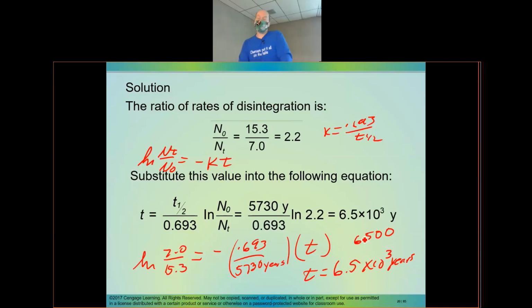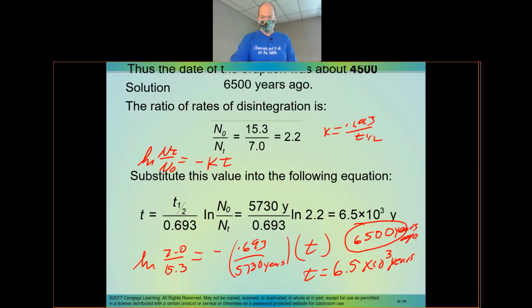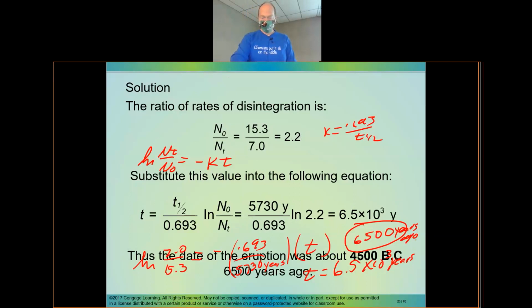So the volcanic eruption occurred 6,500 years ago. And if you subtract from approximately 2,000, or 2021, the year it is now, then you have about 4,500 BC. That's 6,500 years ago.